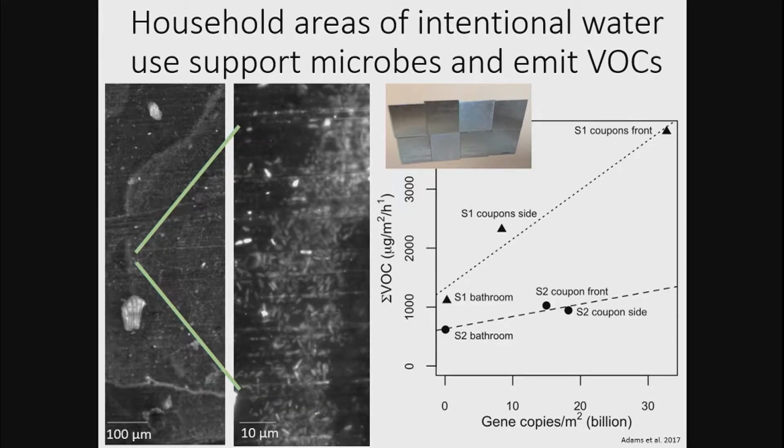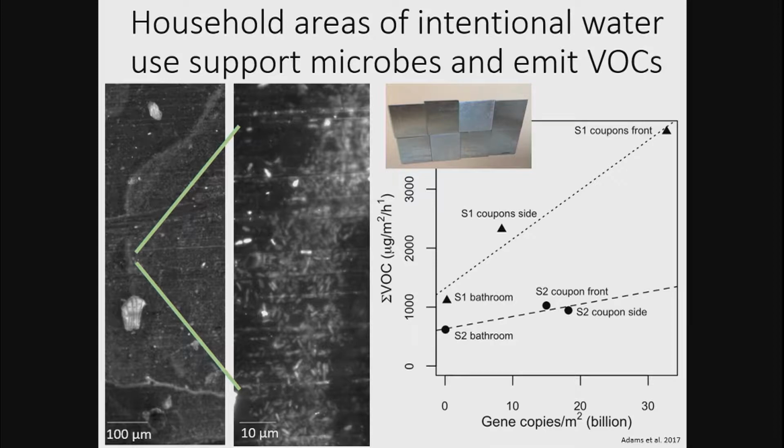So our previous work in this area began on surfaces that were intended to be wet, so kitchen sinks and shower stalls. And on the left, we have a microscope image of one of these coupons that was left in a kitchen sink. And you can see these coupons get coated in a film.